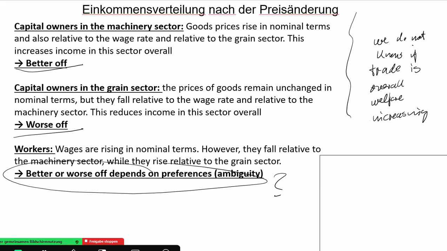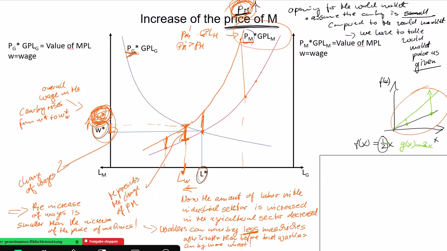But this labor market equilibrium we can interpret also in another way, because this labor market equilibrium defines us the equilibrium labor amount in the industrial sector, and this is the labor amount in the agricultural sector.